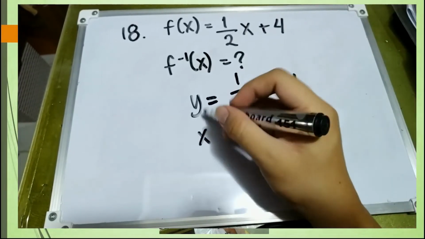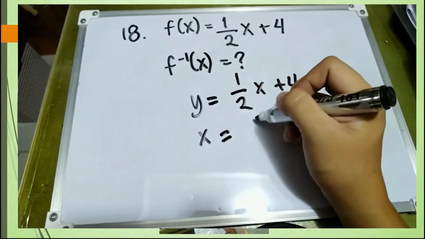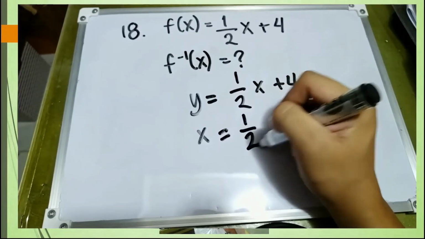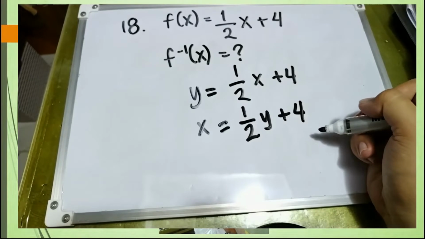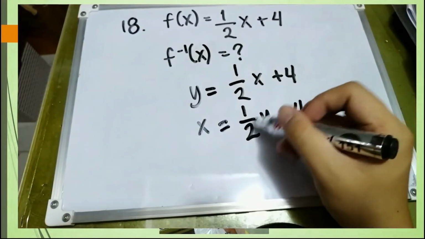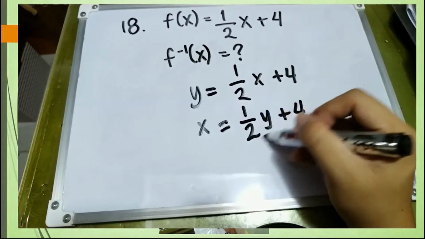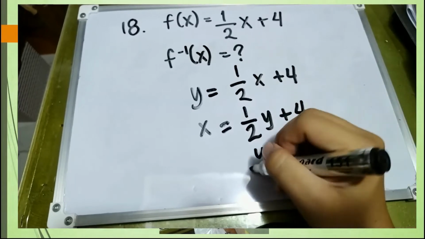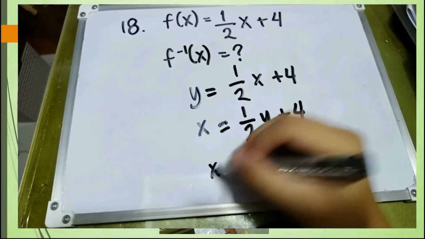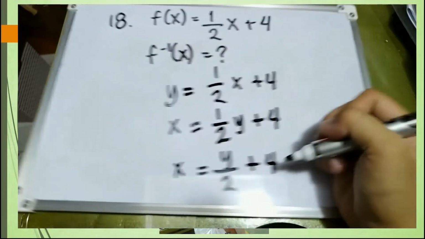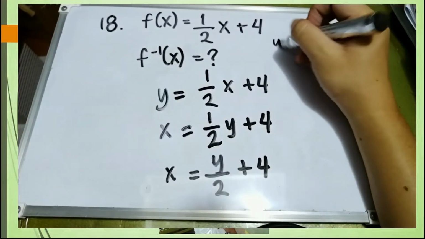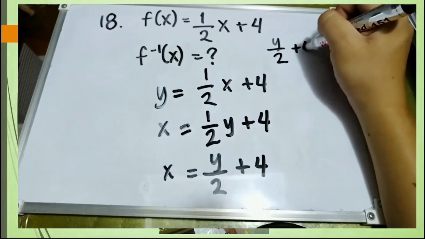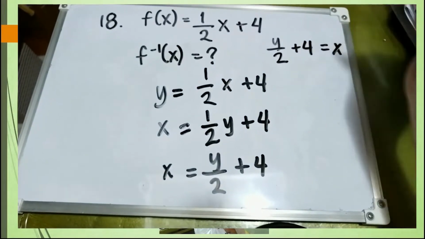So the y here becomes x is equal to 1/2 y plus 4. Then let's solve for y. This one is just y over 2. So y over 2 plus 4 is equal to x.